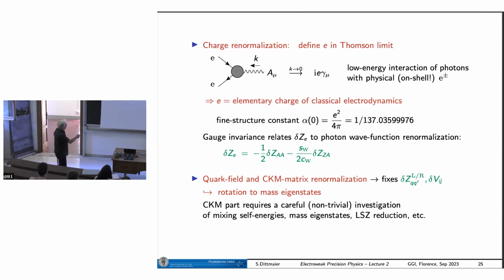That means the charge renormalization, if you go to MS-bar and talk about running of couplings and so on, what you get here for the renormalized coupling has nothing to do with the electron.